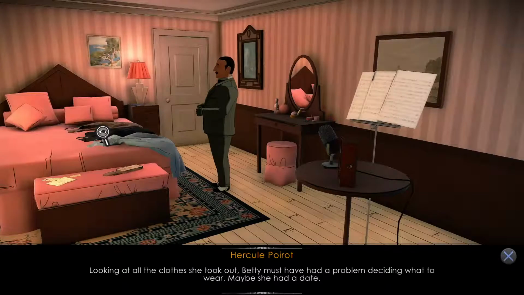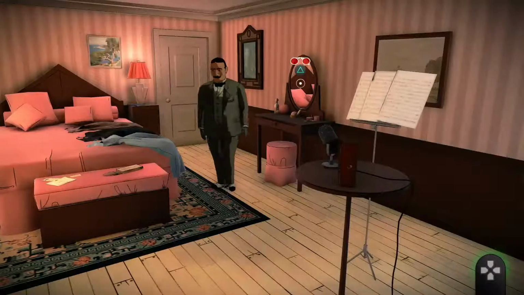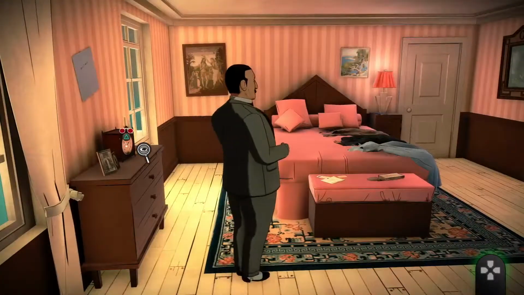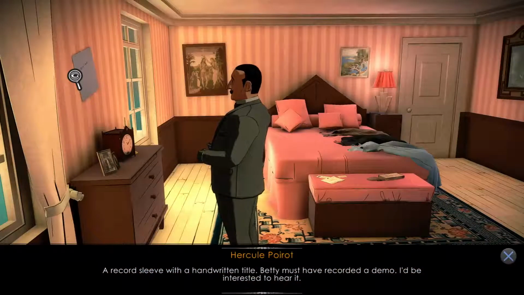Maybe she had a date? Very possible. What's this? A record sleeve with a handwritten title. Betty must have recorded a demo. I'd be interested to hear it.